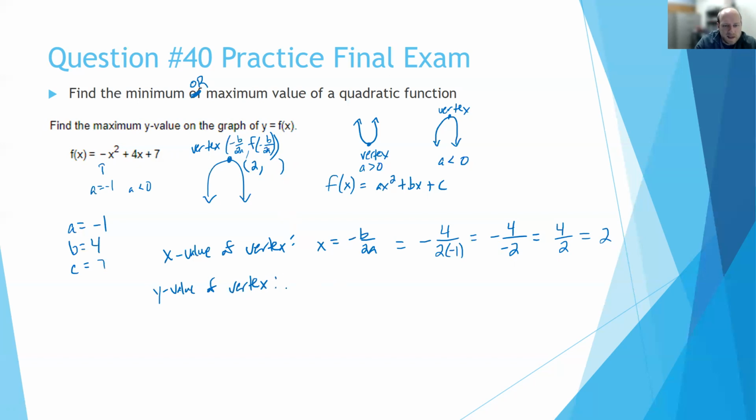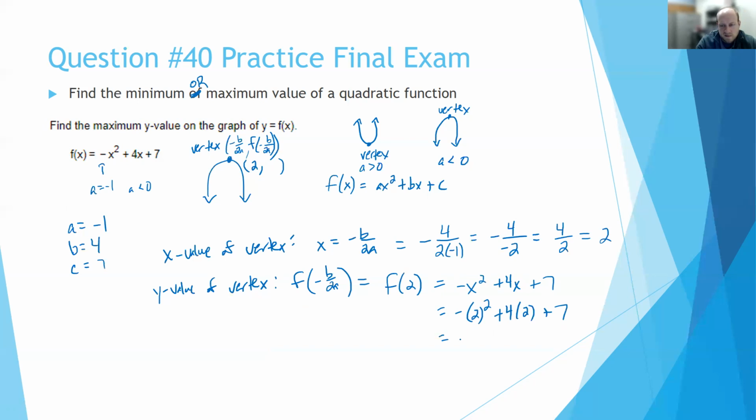The y value of the vertex is f of -b/2a. And we already found that -b/2a was 2. So really I'm taking f of 2 here. I'm substituting 2 everywhere that we see an x in our original equation, -x squared plus 4x plus 7, and I always use parentheses.